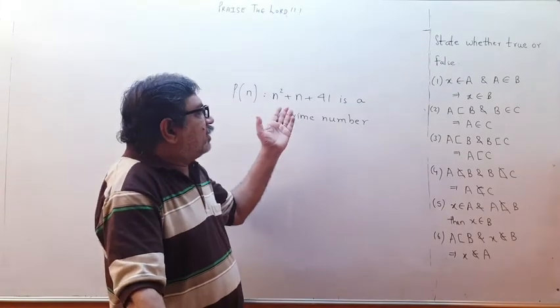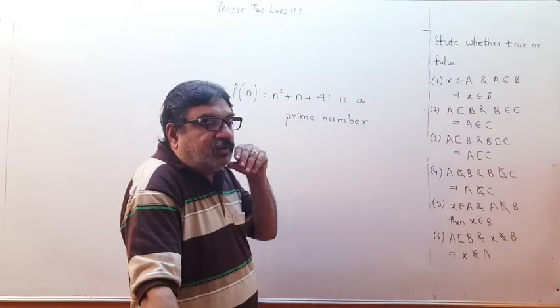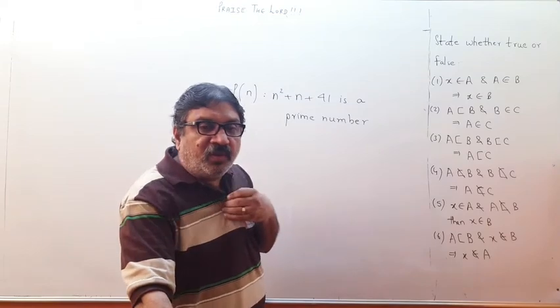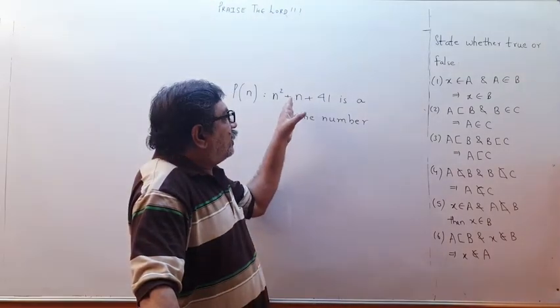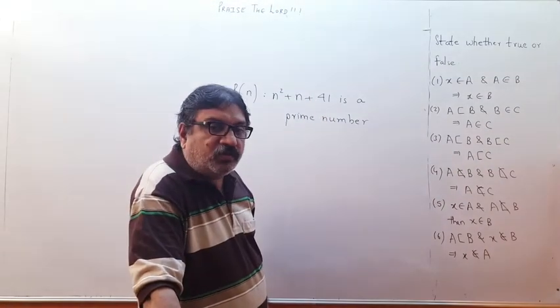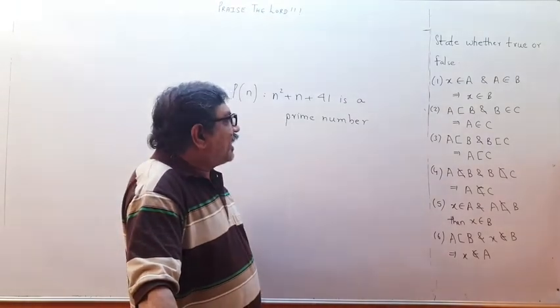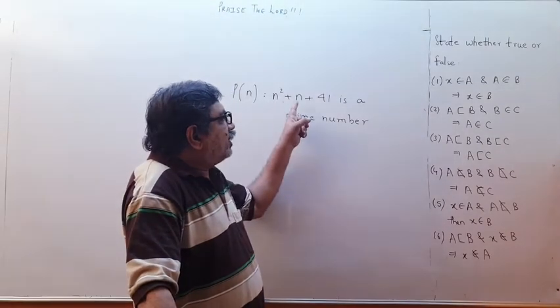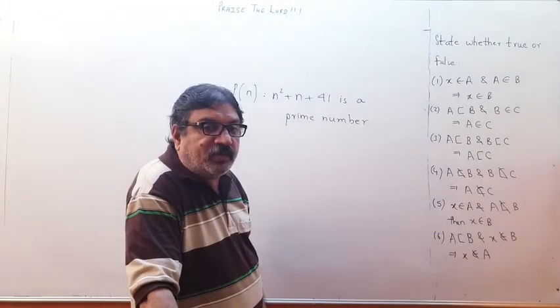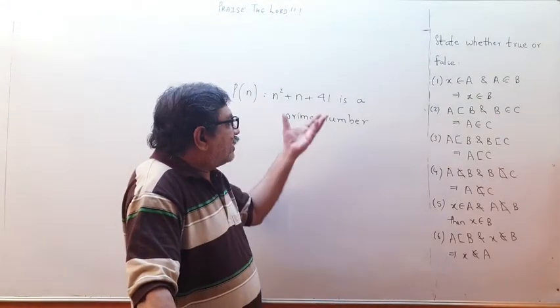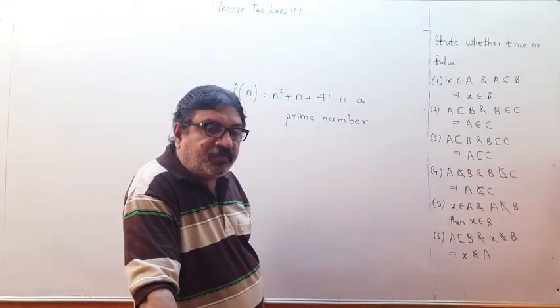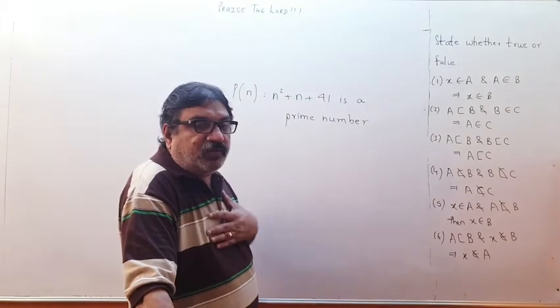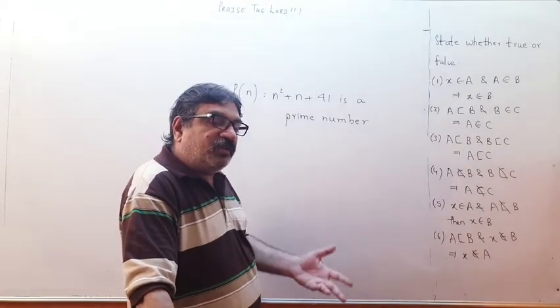So you pick up n equal to 1: 1 plus 1 plus 41, 43, that's a prime number. You pick up 2: 4 plus 2 plus 41, 47, that also is a prime number. You take n as 3: 9 plus 3, 12, 12 plus 41, 53, that also is a prime number. And like that, if you go on, you will find prime numbers. So you may be believing that for 1, 2, 3 it is right. That means it is right always.